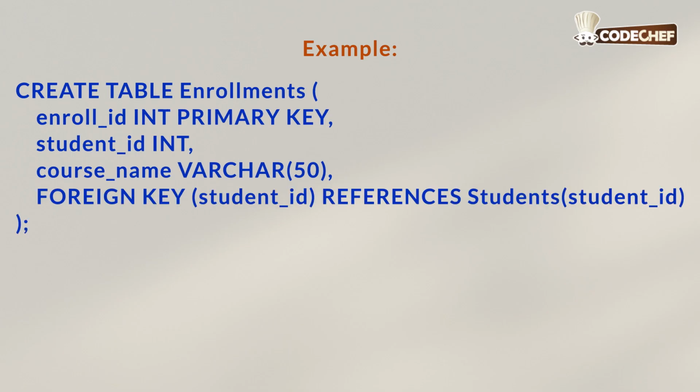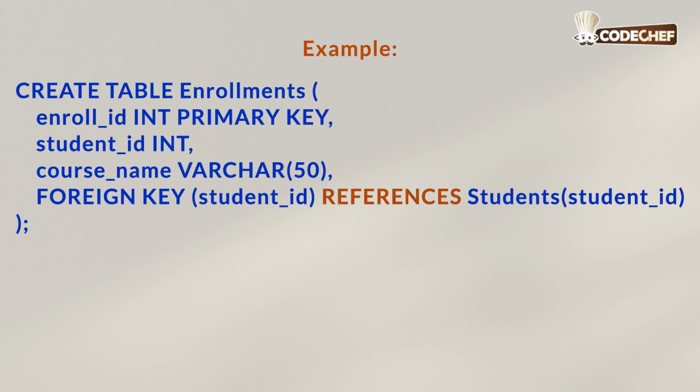So we have already included the student ID column in the table enrollments. But how do we get to know that this is the same student ID column which is acting as primary key for another table? By writing this particular line of syntax. Foreign key, then what is the foreign key? Student ID. And which table's primary key is it?